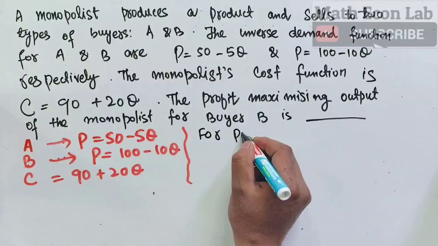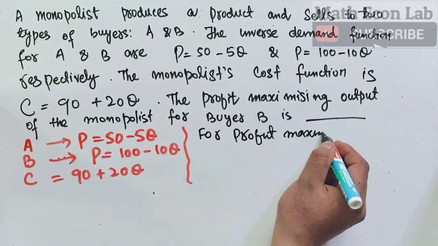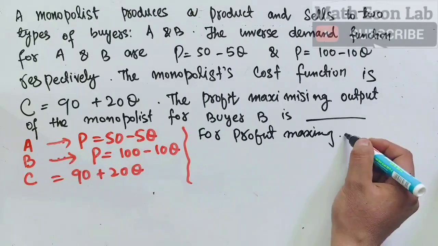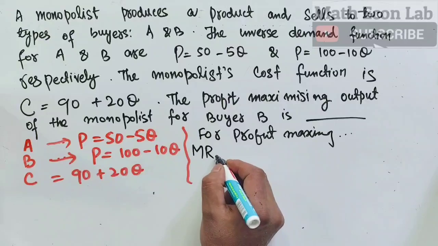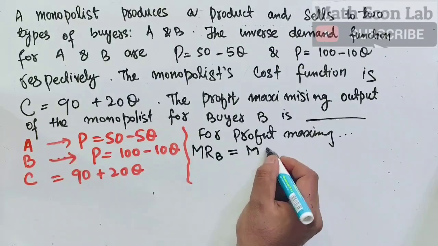So we know that for profit maximization in case of monopoly, we equate the marginal revenue for buyer B to the marginal cost.